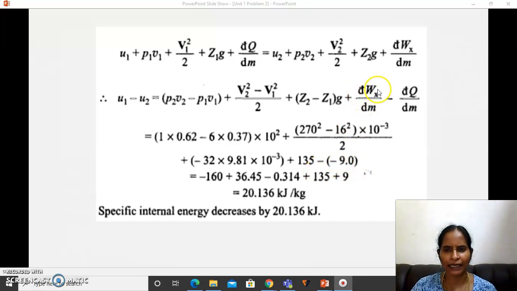Here del Wx by dm is 135, and minus del Q by dm only is there, so minus of minus you will get plus. Finally they found that the specific internal energy decreases by 20.136 kilojoules.